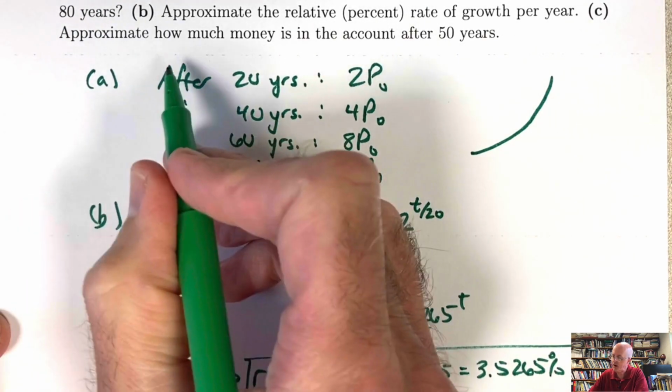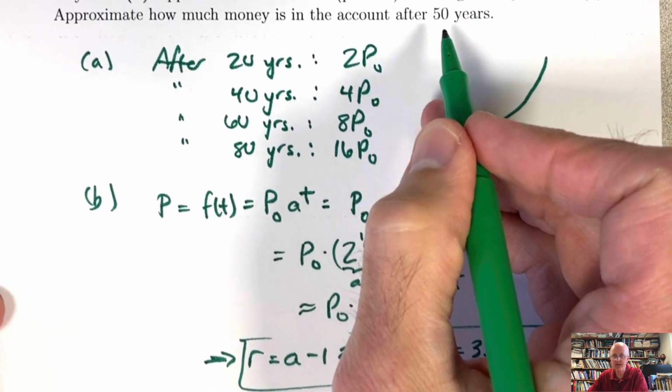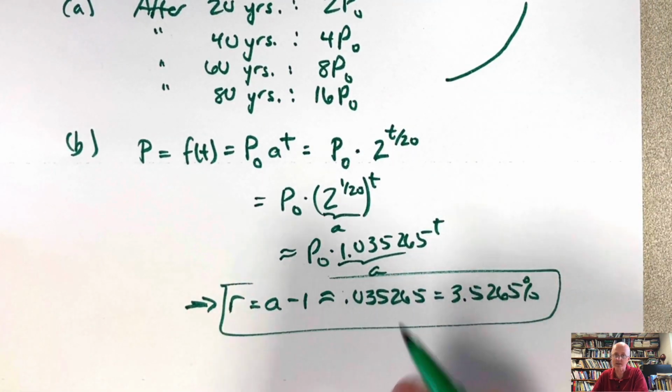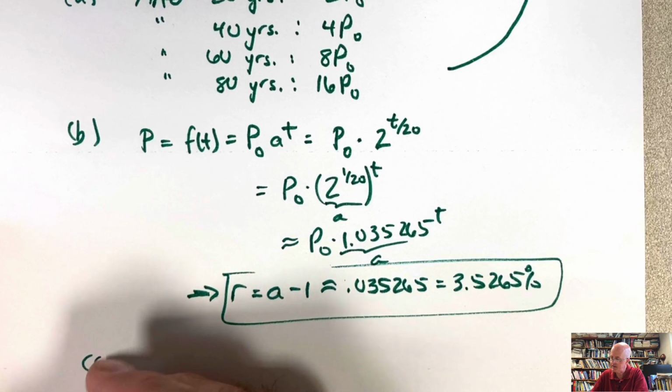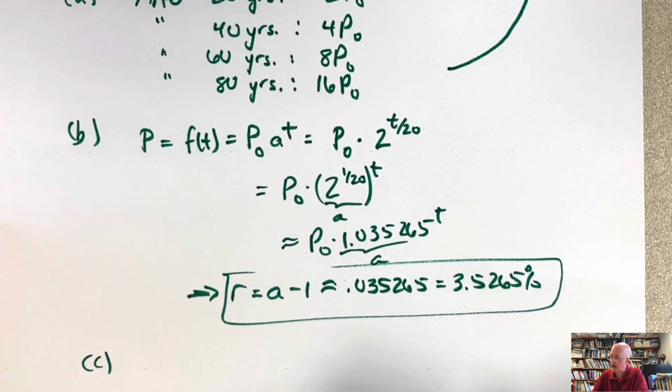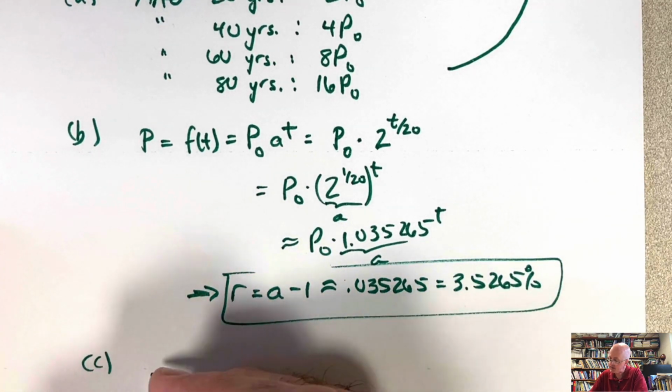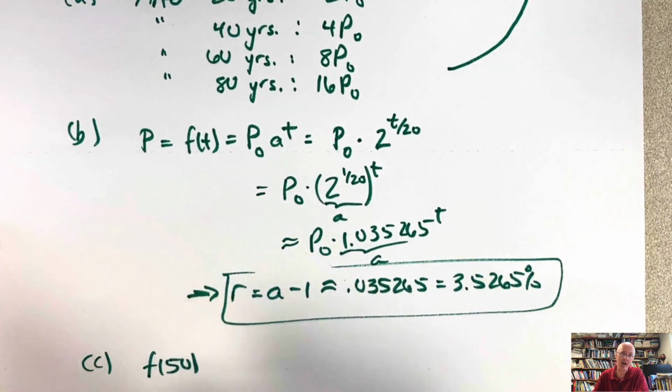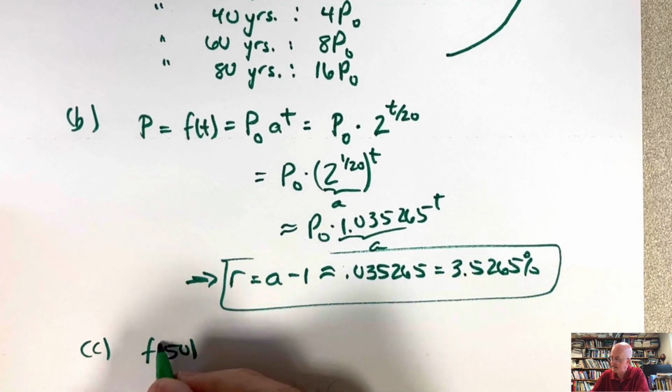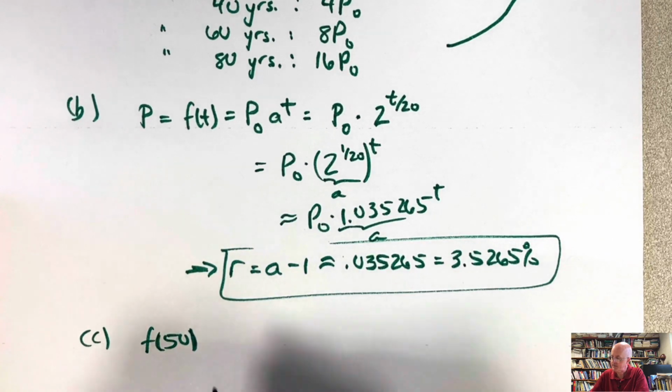Part C, approximate how much money is in the account after 50 years. Okay. Once again, we'll have to do that graphically. Oh, well, actually, we can just plug the numbers in, excuse me. So how much is in there after 50 years? I'd have to do it graphically with my calculator if I was solving for when will the account be 100 times the starting amount or something. You can just find f of 50.